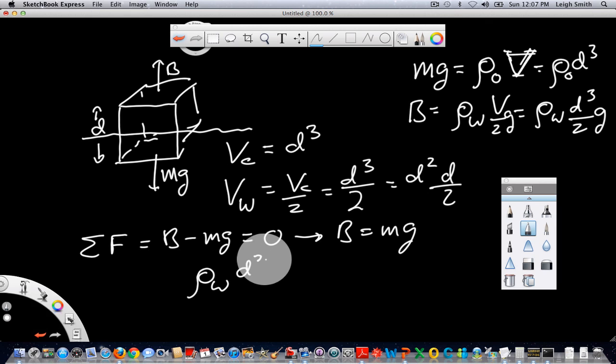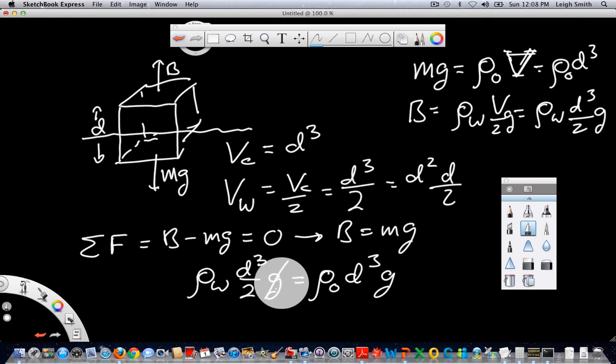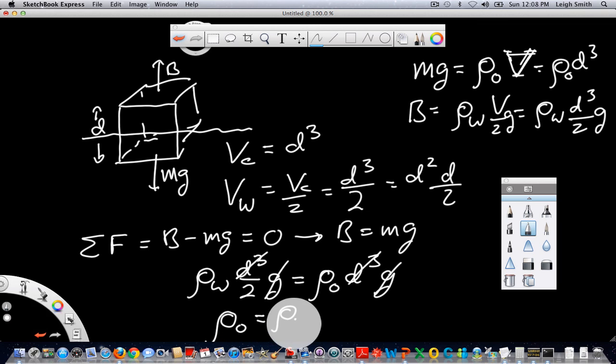The buoyancy force is d cubed over 2 times rho of the water times g. And on the other side, the weight of the object is the density of the object, the unknown density that you need, times the total volume of the object, times g. And so the g's drop out, d cubed drops out, which means rho of the object is just equal to rho of the water divided by 2.